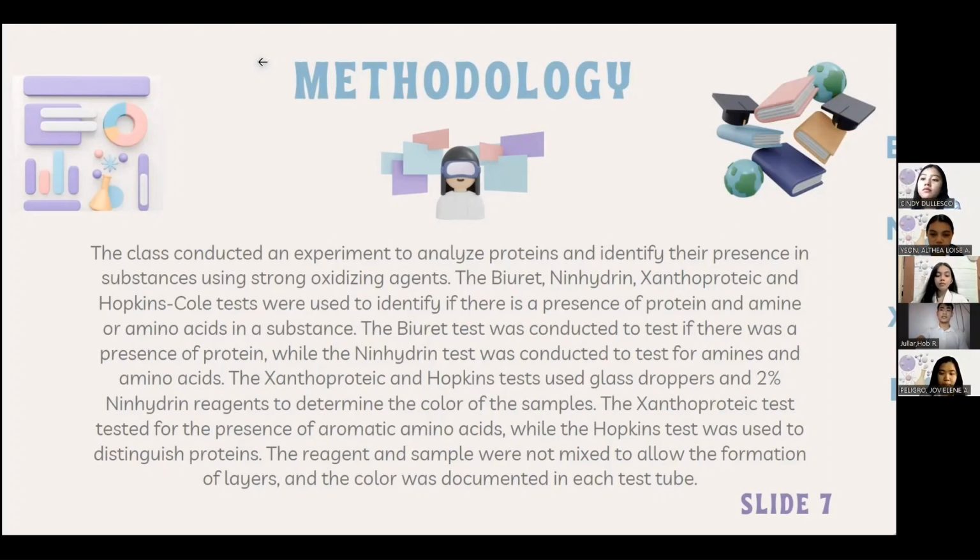The reagent and the sample were not mixed to enable the formation of layers inside the test tube. Then the test tubes were placed in a standing position and the color visible in the interface in each test tube was documented. I'm going to pass the microphone to Miss Ina Castro.